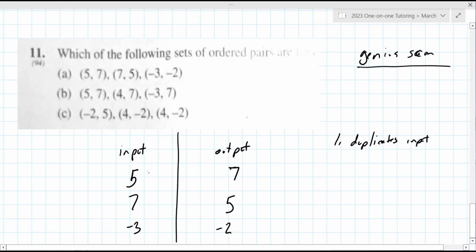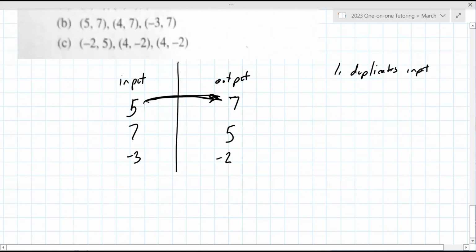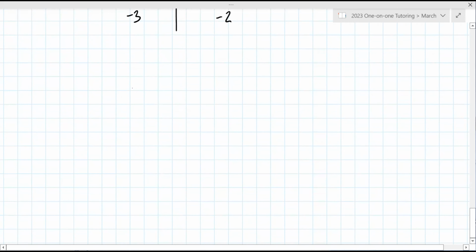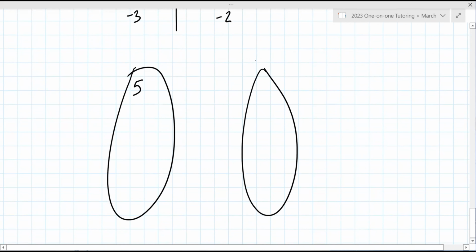What this is saying is that 5 always goes to 7. You don't have any question about what 5 goes to. So let's look at letter B. B is kind of the same way. Sometimes they show it in a circle: 5 goes to 7, 4 goes to 7, and -3 goes to 7.